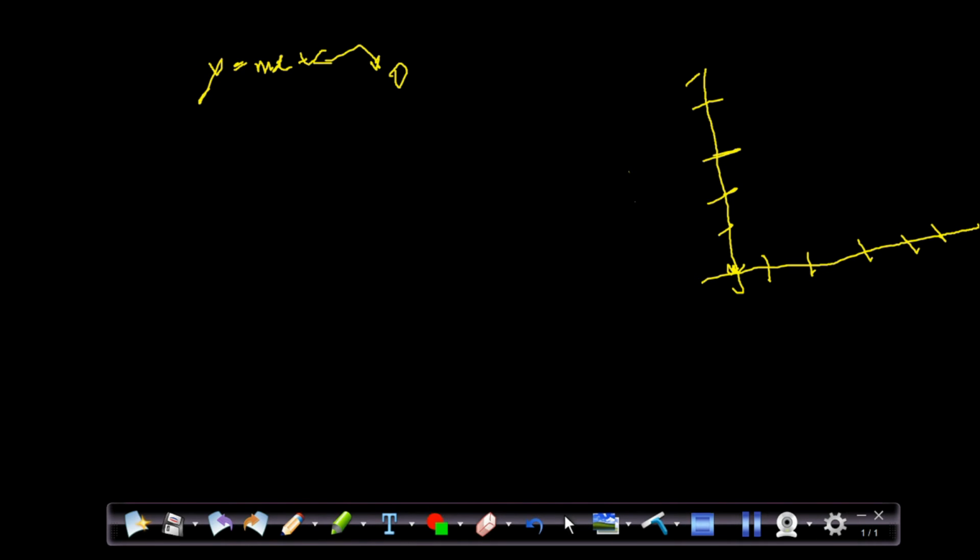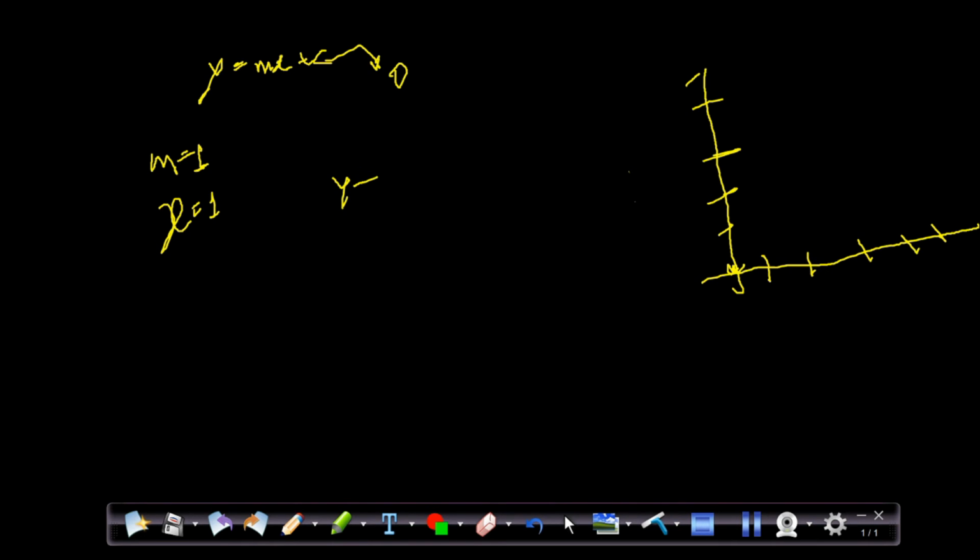This c is 0, and let's suppose that the slope I have considered here is 1, and our x variable I'm also taking as 1. So what will this equation become?